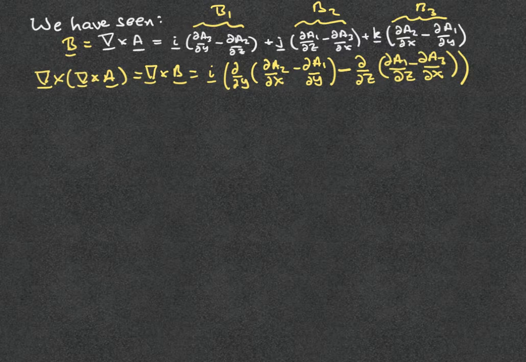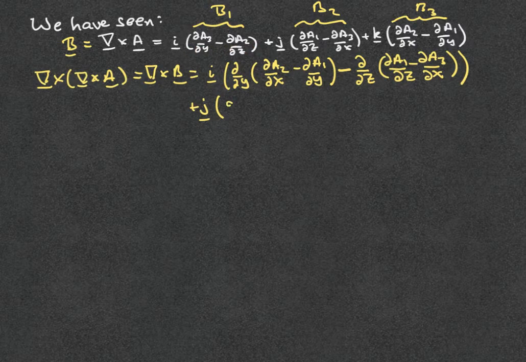So now we've written out the i component, and the j component is going to be plus j, and again we're just using this formula here, but everywhere we're replacing A by the relevant B. So it's d by dz of B1, and this is B1.